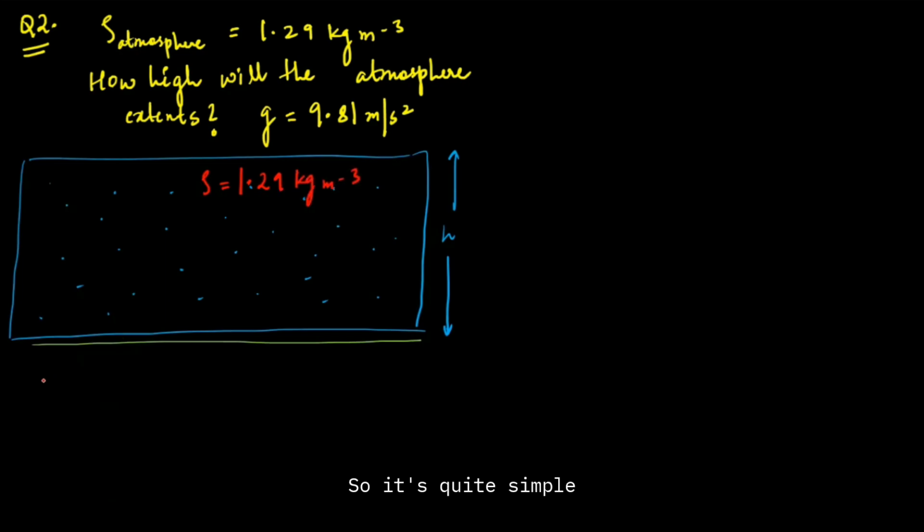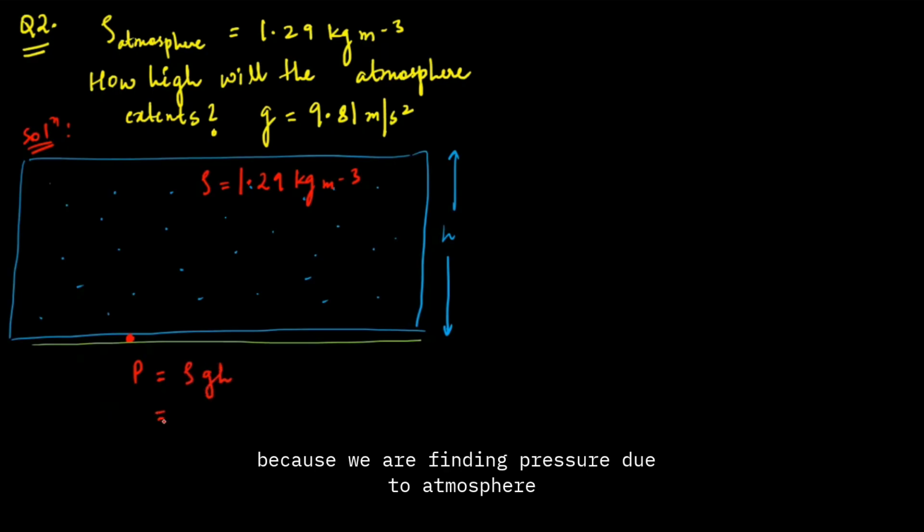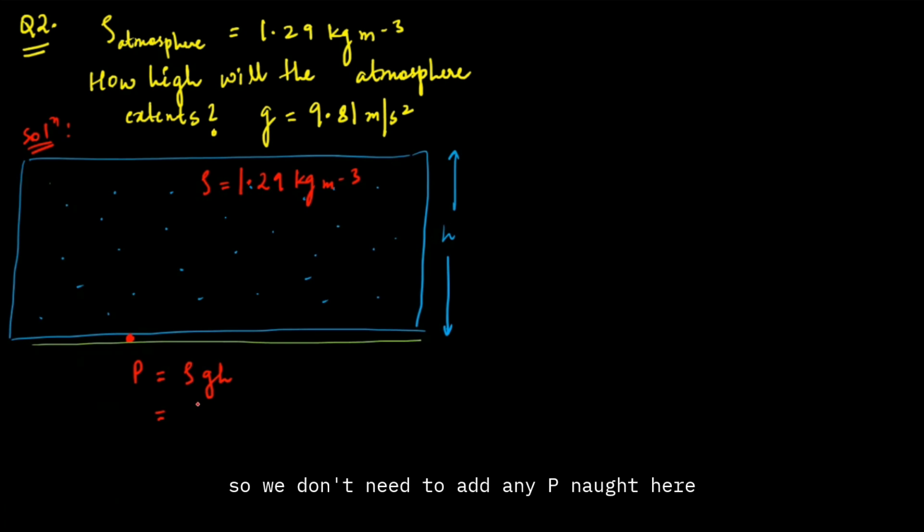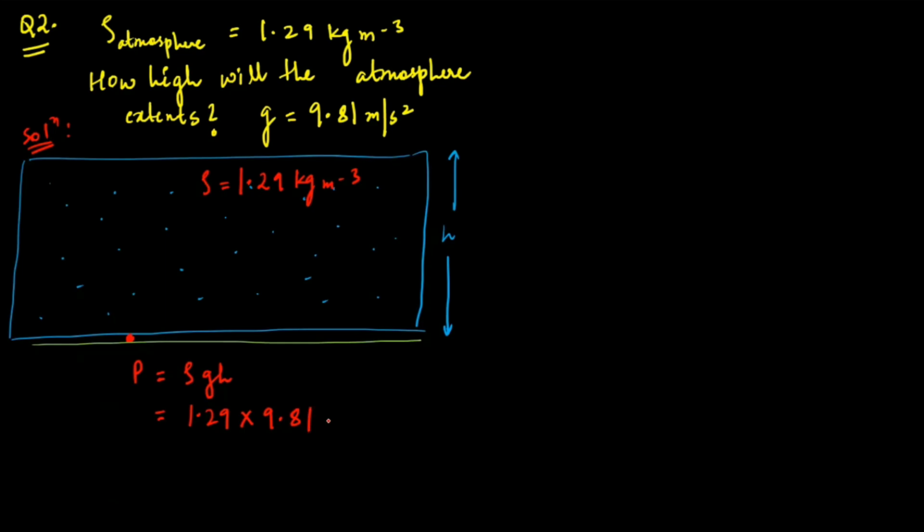So it's quite simple. In order to answer this, we know that pressure at this point is going to be rho g h, because we are finding pressure due to atmosphere. So we don't need to add any P naught here. Rho is going to be 1.29, g is 9.81, and h is something we have to find.